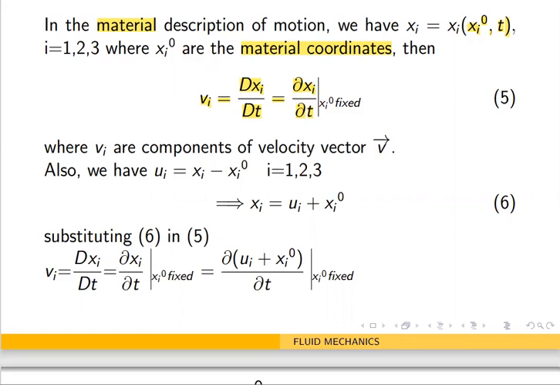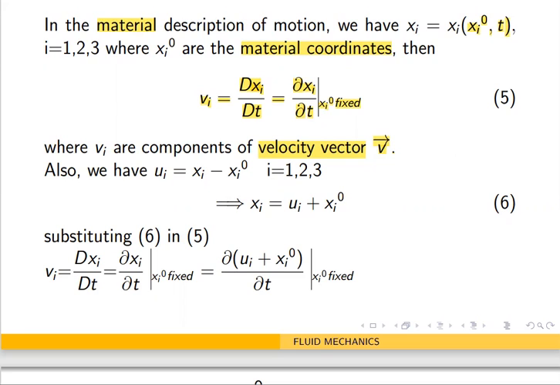It is a material time rate, so xi naughts are fixed. Material coordinates are fixed, where vi are the components of the velocity vector v. So in equation 5, we can write vi as D xi by dt in terms of xi, the spatial coordinates.